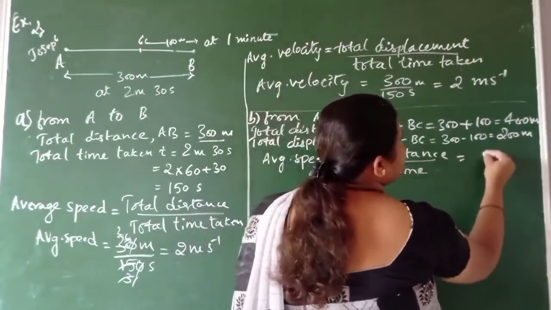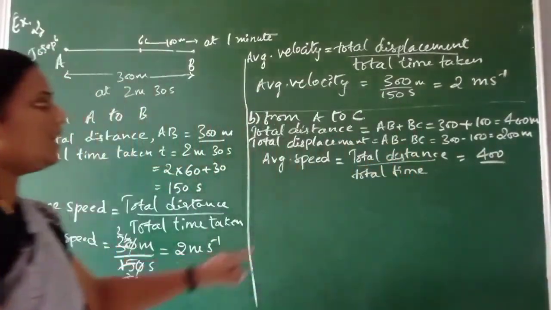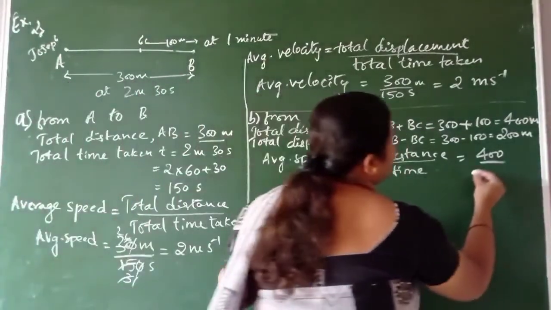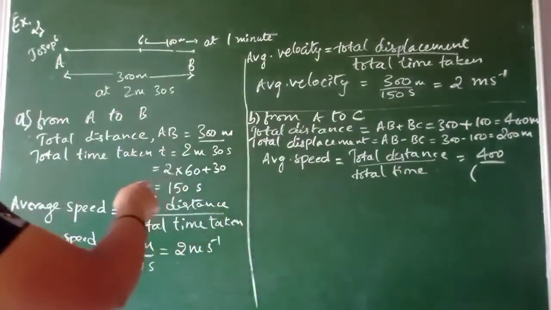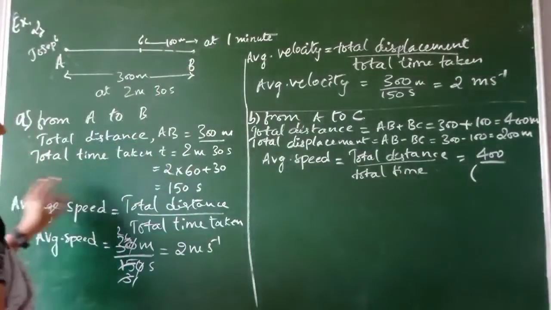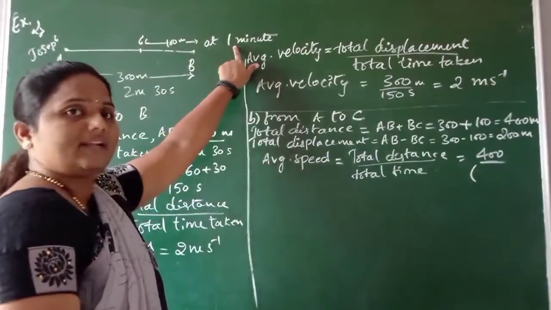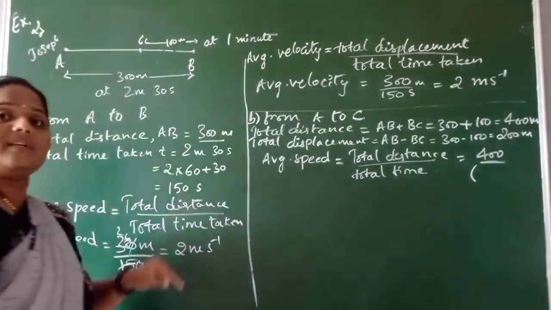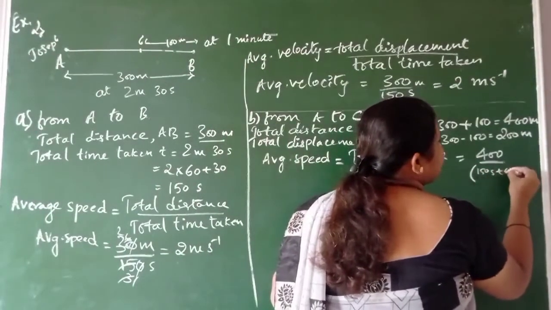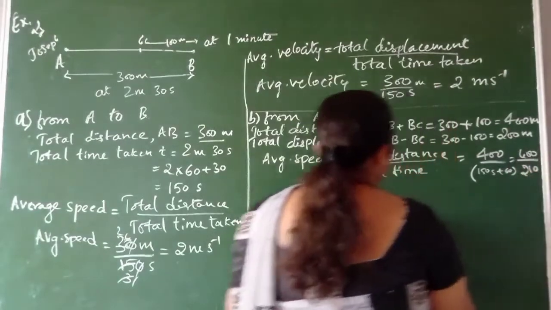That is 400 divided by the total time. The total time he has taken is 2 minutes 30 seconds plus 1 minute. 2 minutes 30 seconds means 150 seconds plus 60 seconds, which is 210 seconds. So 400 divided by 210 seconds.